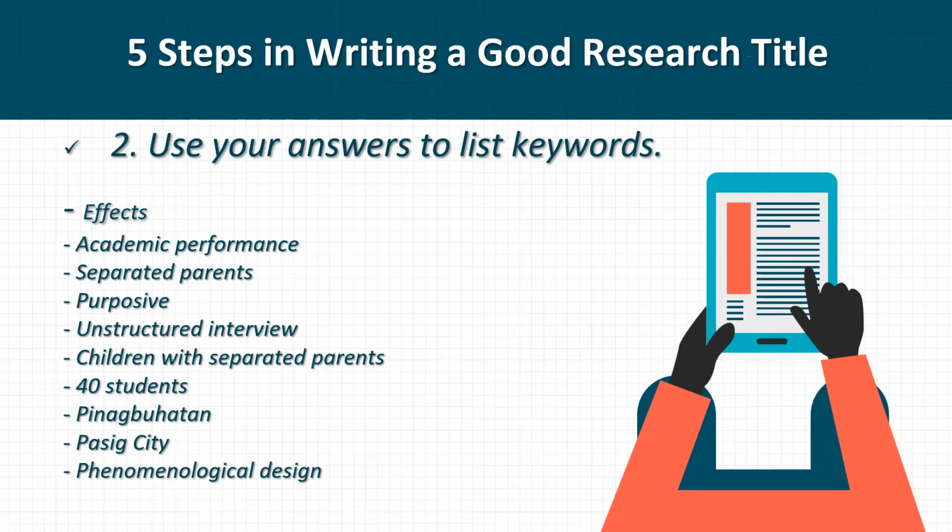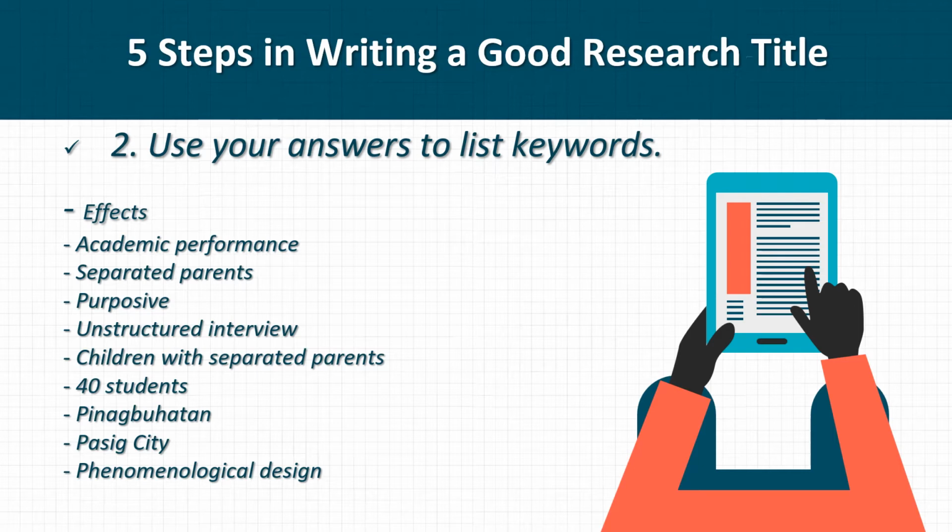Now, step 2 is what you're going to do with your answers in step number 1. So, what you have to do here is to list down the keywords or your answers to the questions in step number 1. So again, you can just have words or phrases as your answer. Okay, so this will be your materials for building or writing your research title. Here is an example.